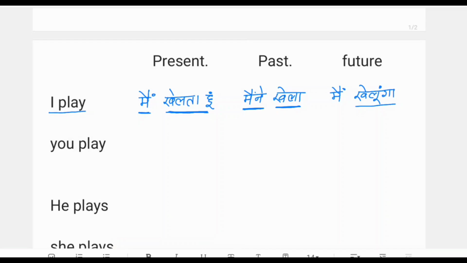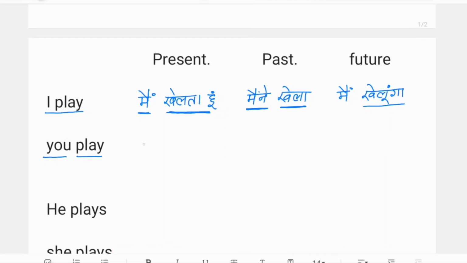Let's see the second sentence. You play means तुम खेलते हो. Now see, तुम means you, and for you we write the ते हो form. Here it was खेलता, it is खेलते.